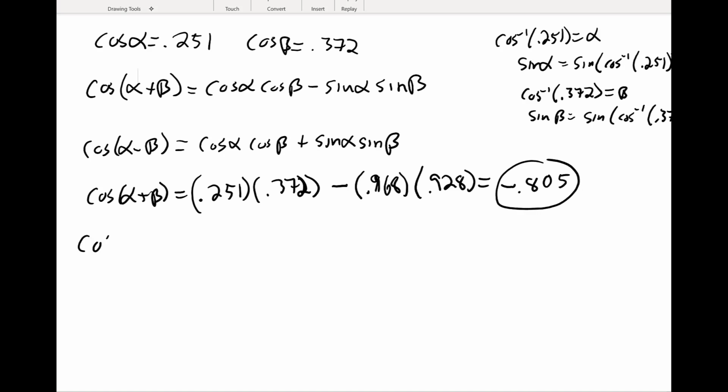And then cosine of alpha minus beta is going to be our 0.251 times 0.372, plus 0.968 times 0.928.